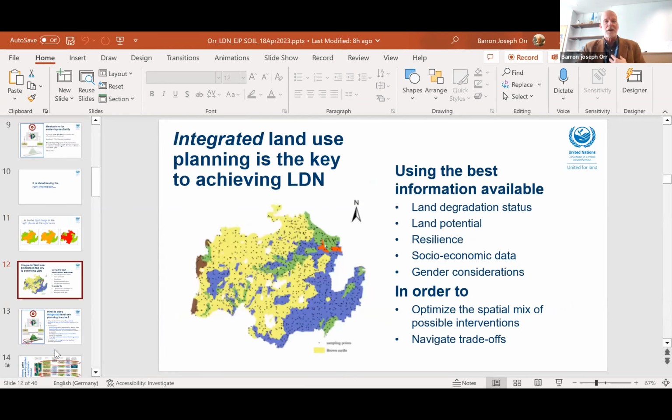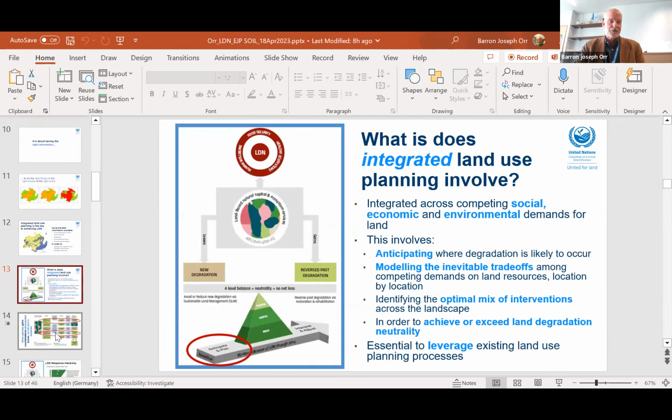And so everything that you're talking about in this meeting is of vital importance, and not simply at the national to global level, as I'm going to talk to you about in a moment, but more importantly at the national to local level. So the integrated land use planning part of this is key.